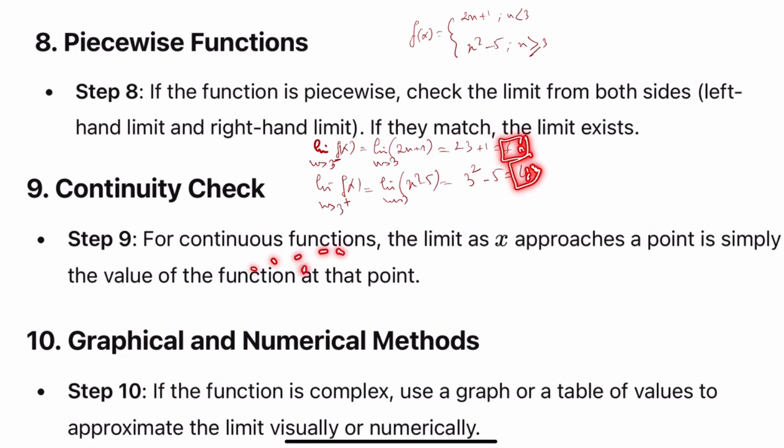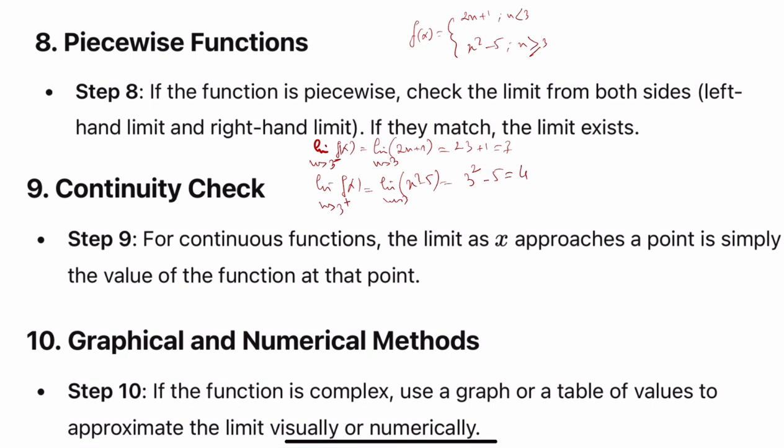But if we find the limits are different, we can say that the limit does not exist, which means the function is not continuous. Since the left hand limit 7 does not equal the right hand limit 4, the overall limit as x approaches 3 does not exist.